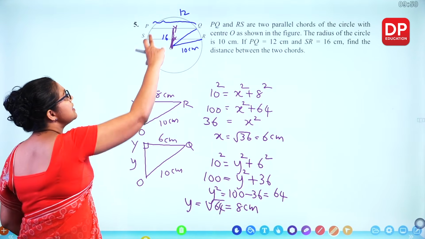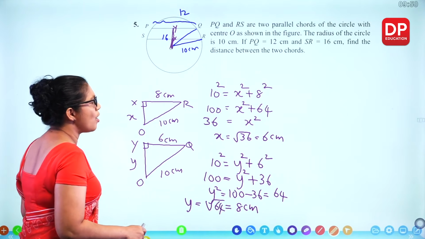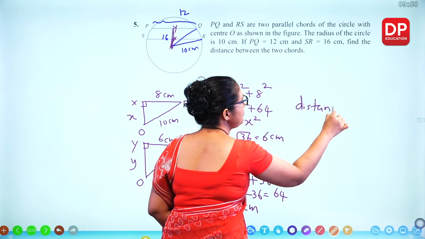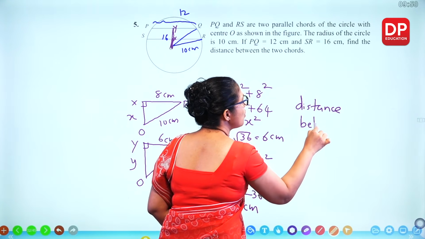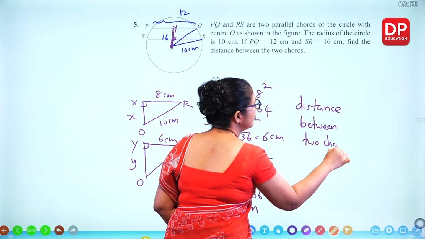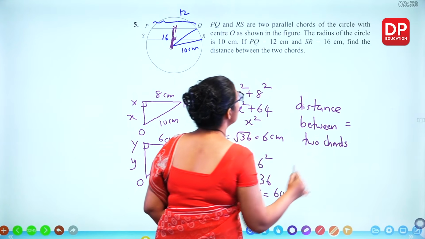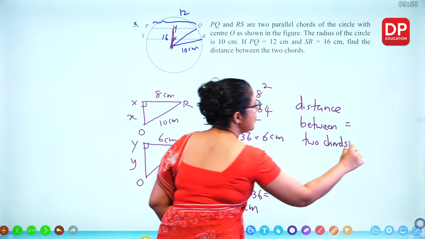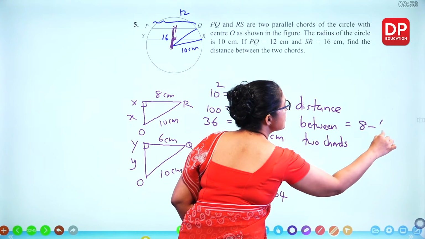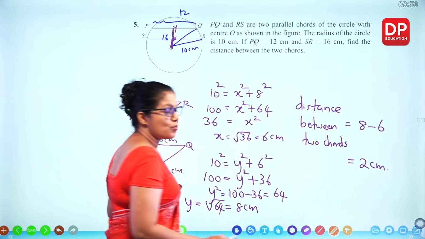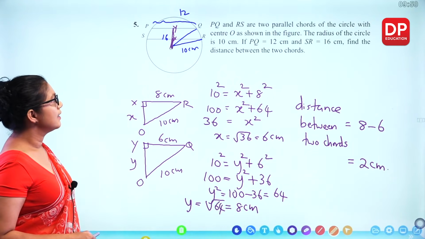So the distance between two chords is equal to the difference between the two lengths. Here 8 minus 6 becomes 2 centimeters.